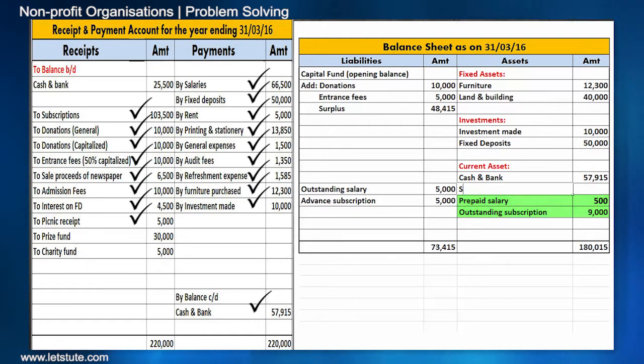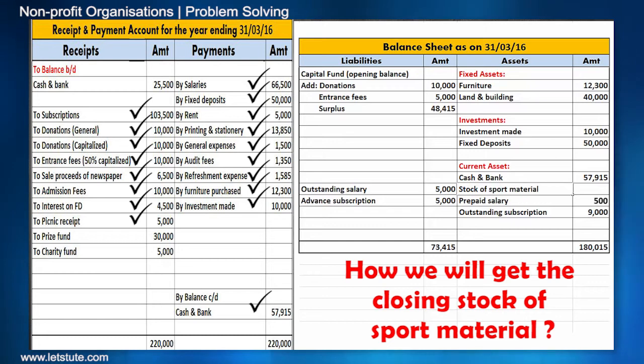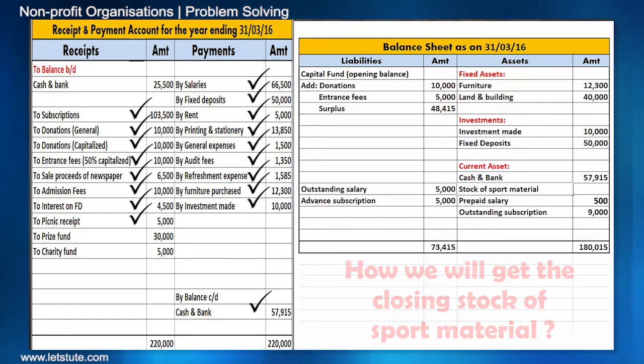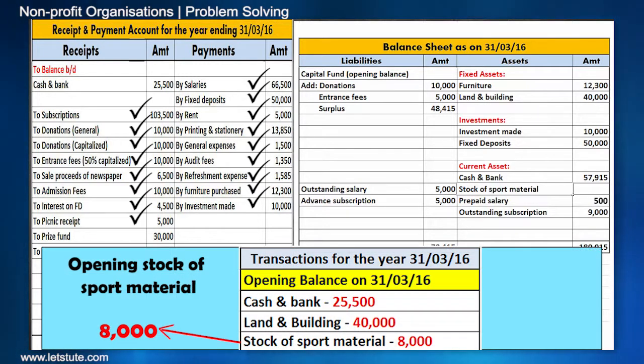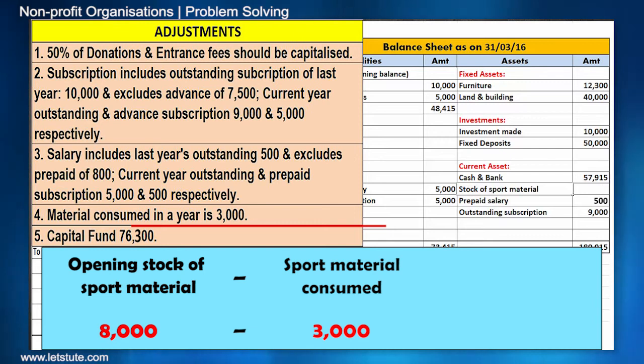Then there is one more, which is stock of sport material. Now how will we get the closing stock of sport material? Here we have the opening stock of sports material, and from that we can deduct material consumed this year, and the balancing figure will be the closing stock of sports material.